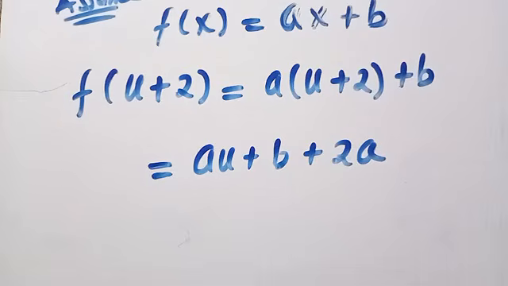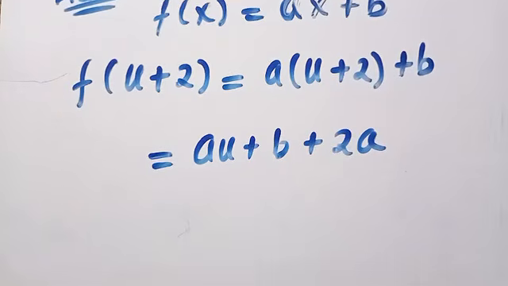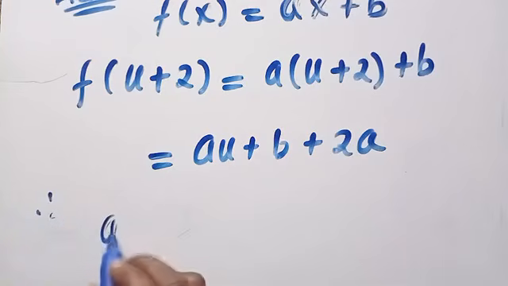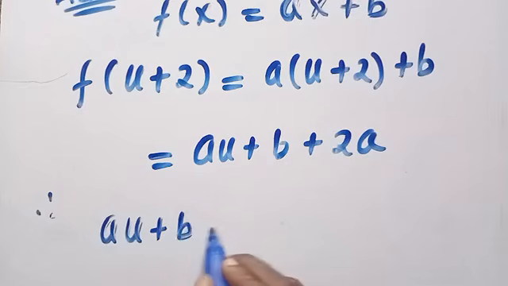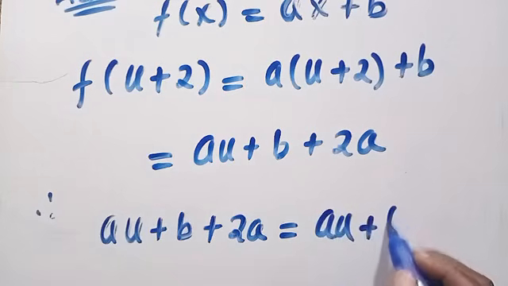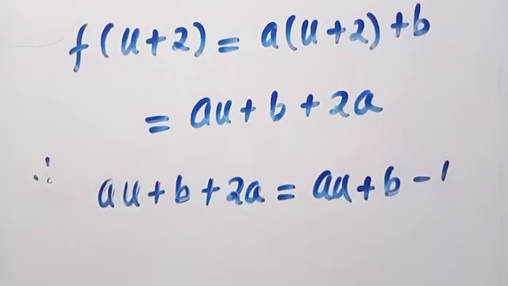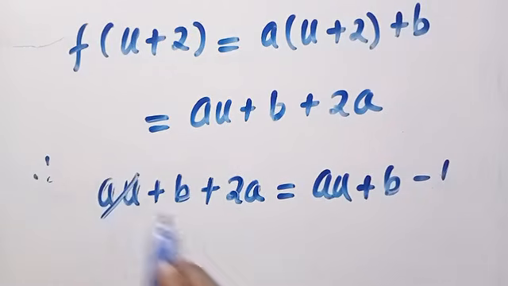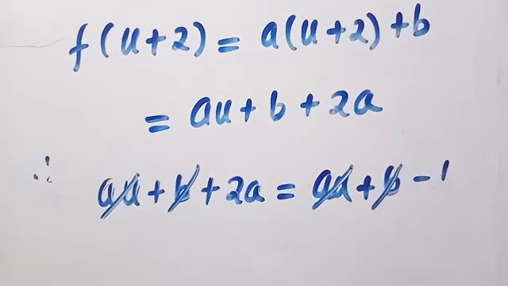So by equating these together, or you can just try and test for that as well, we still get the same thing. So we have au plus b plus 2a equals au plus b minus 1. So this is what we are going to have. So au cancels au and b cancels b.